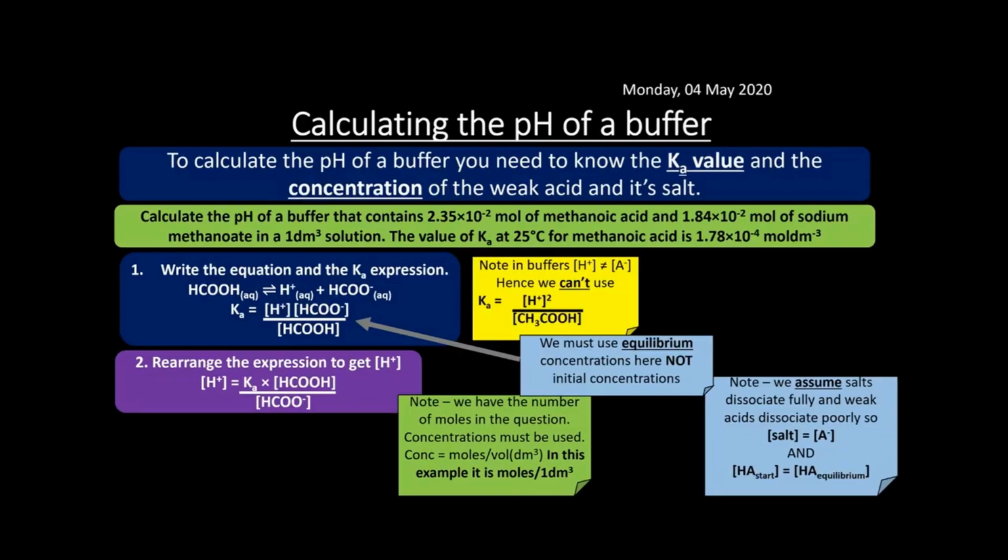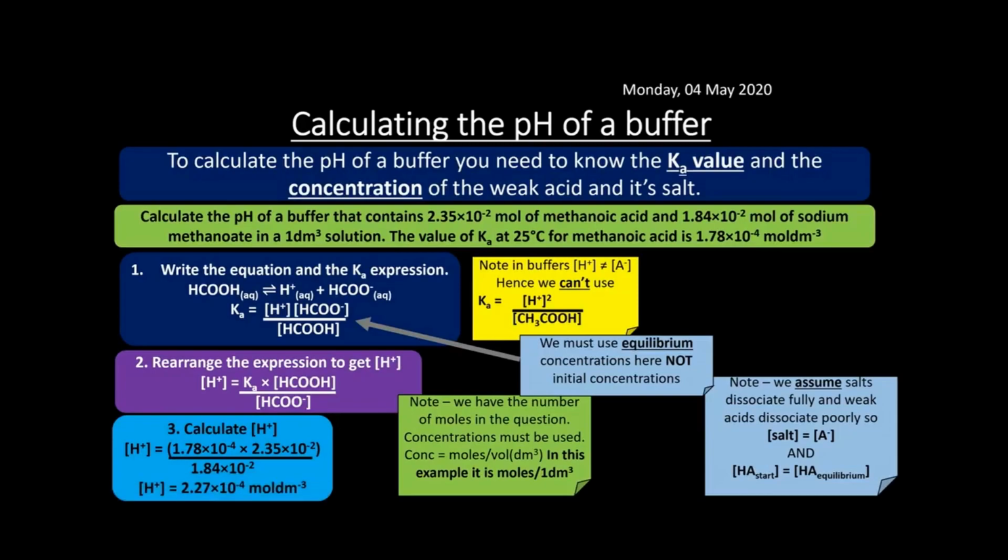We have the number of moles in the question, but concentrations must be used. Remember, we're not using moles. The concentration is moles divided by volume, and in this example, it's moles divided by 1 dm cubed. So the number of moles equals concentrations in this example, but you must use concentrations.